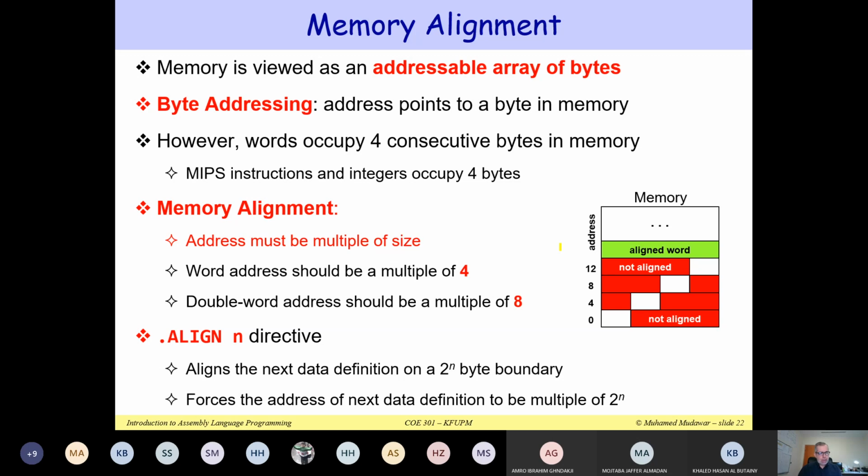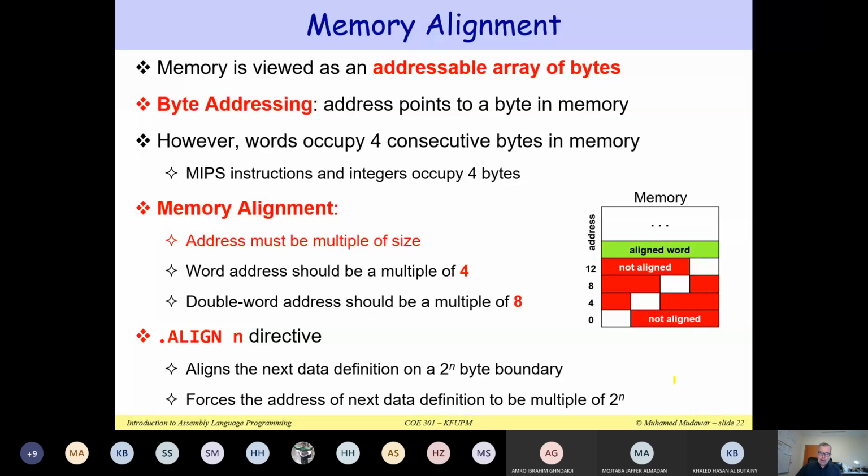In any computer system, the memory consists of bytes, and the smallest entity that you can address is the byte. You cannot address individual bits, but you can address the byte, and each byte is 8 bits.